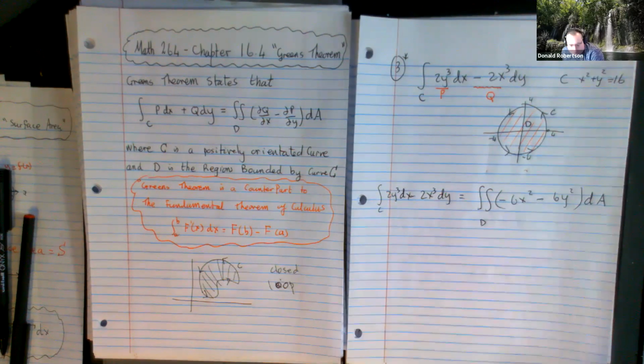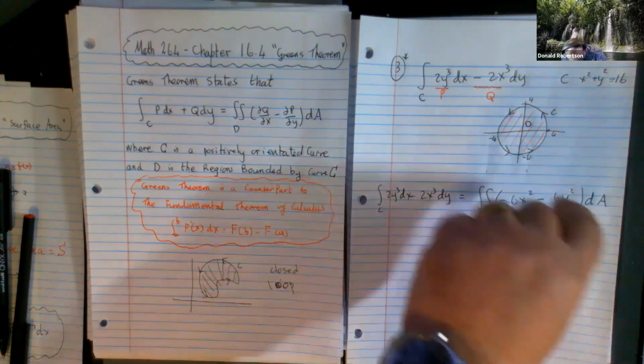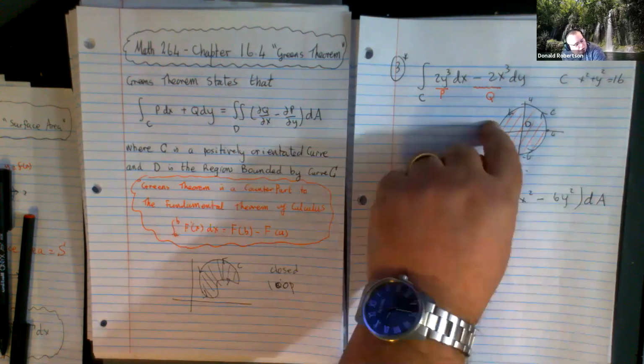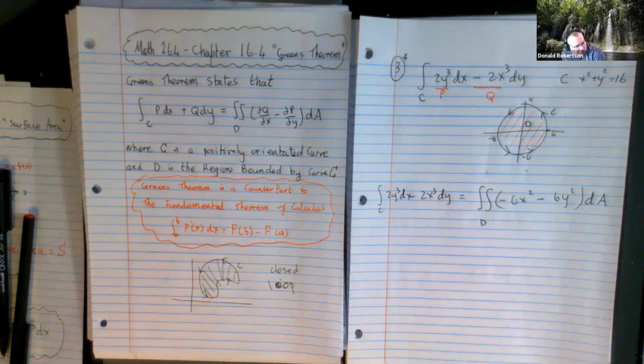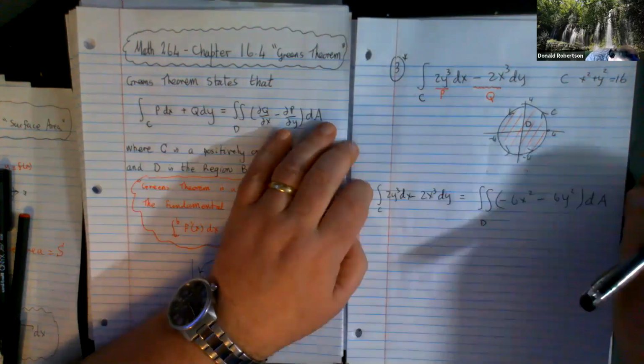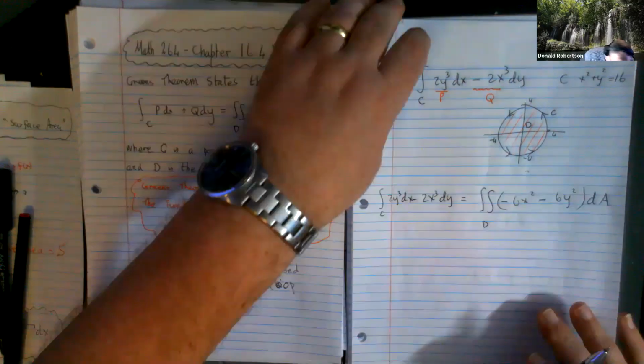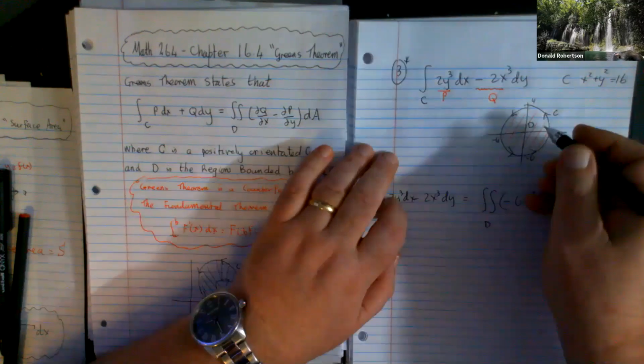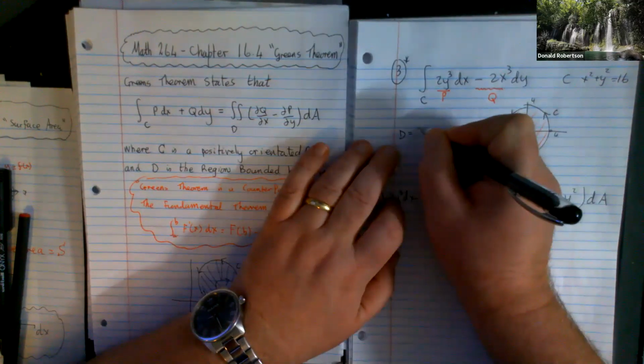Now, there are a couple of really good clues here. Would you agree that polar worked better with circles and parts of circles? So if I'm going to look at this as a circle question, which I am, wouldn't this region D be polar?